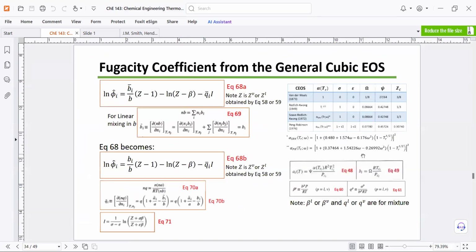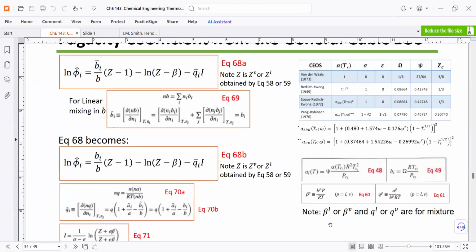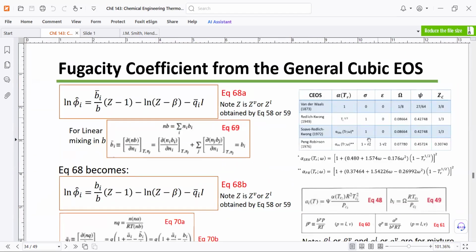All right. And before we can get to that, we have to solve using the original parameters of the cubic equation of state.